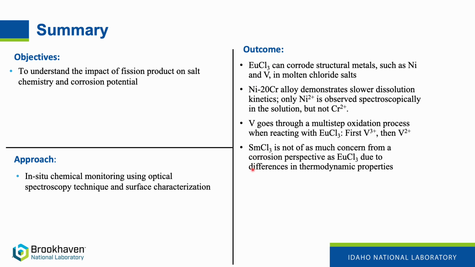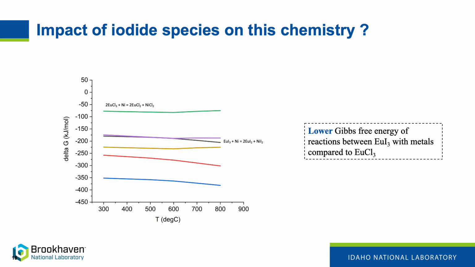However, some of the fission products like samarium might not be such a concern for the corrosion aspect. So now moving forward, we want to see how the halides might affect this. So going from chloride to iodide, how does that impact the chemistry.